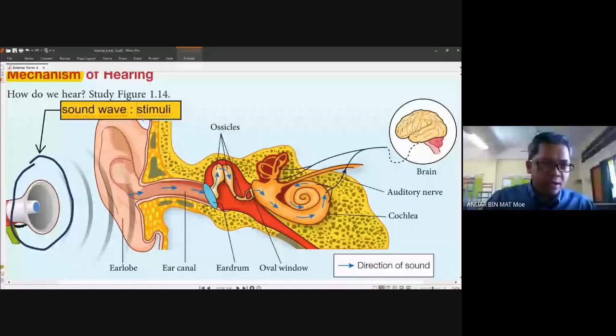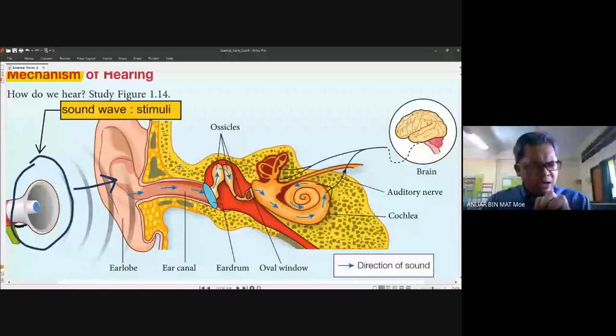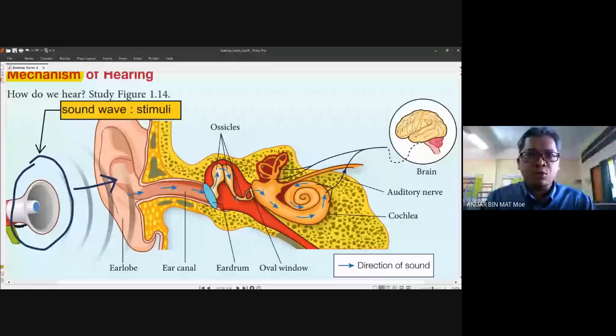The sound waves from the loudspeaker will arrive at our ear. I do not want to touch on the parts and functions right now. Maybe I asked you to read before this, and I hope you already identified the parts and functions of the ear.